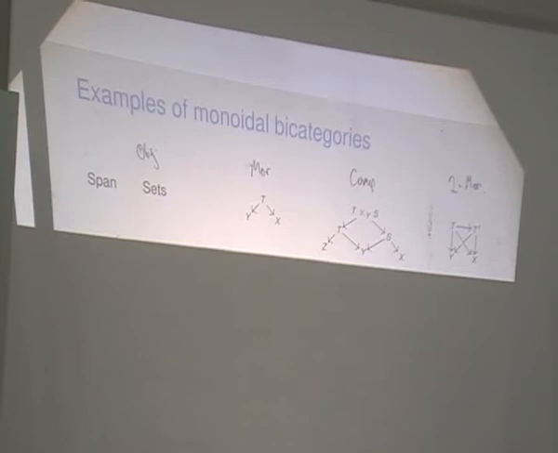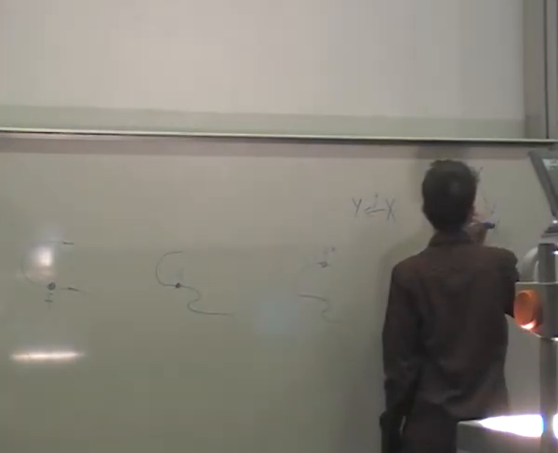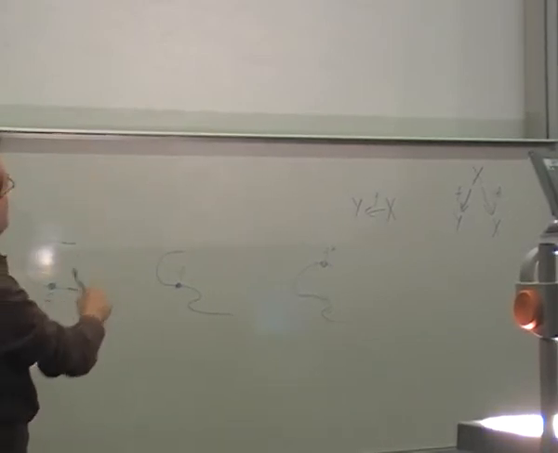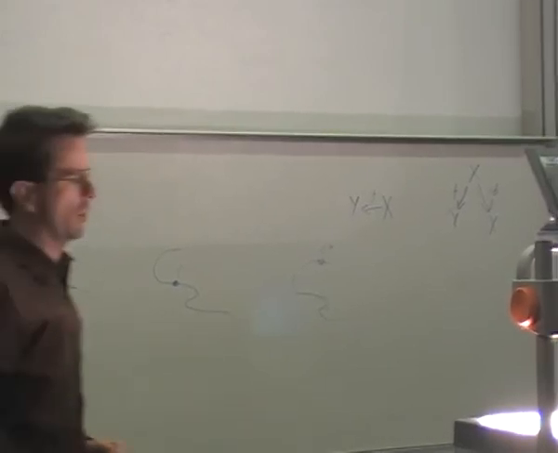Because if I've got a usual morphism from X to Y, f, which is a usual set map, then I can take the span which is as follows, X goes to X. So inside of these morphisms you've got the usual morphisms from X to Y, and you can check that when you compose two of these, they compose as just ordinary maps. So that's one example of a monoidal bicategory.